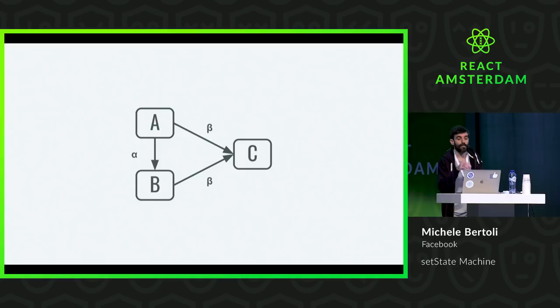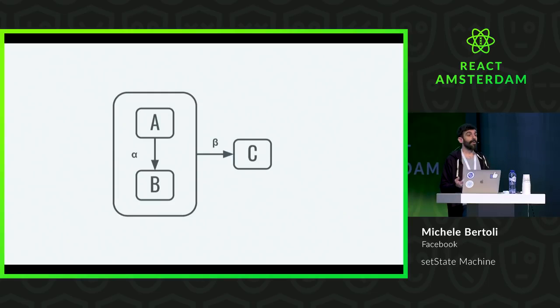Suppose you have this machine. From A, it transitions to B on the input alpha, but both A and B go to C on the transition beta. So you have two arrows with the same input and the same destination. And these are just two, but you could have a transition diagram with like 1,000 of these arrows. You can create a compound state and just wrap A and B and say, no matter if you are in A or B, it's always going to go to C on beta.